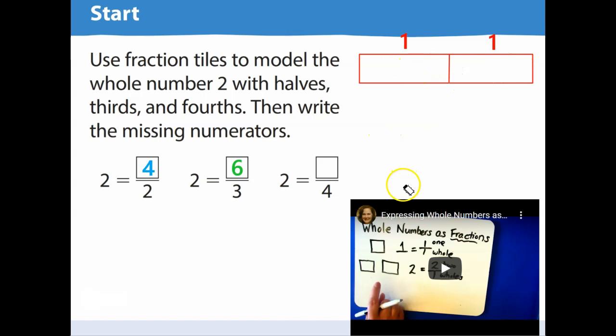Now it says that I need to divide each whole into what? What's my denominator right here? Fourths. Let's do purple. I'm dividing into halves first, and then I'm going to divide it into halves again.